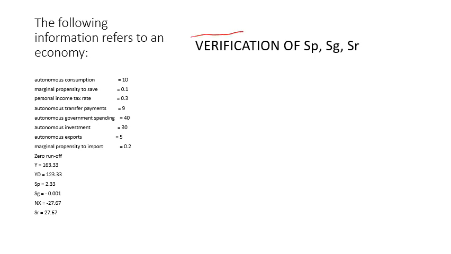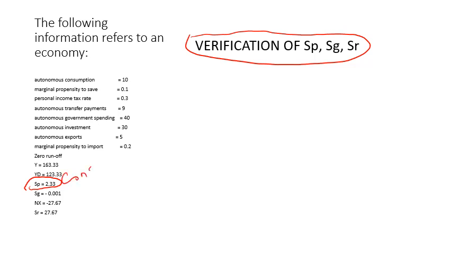Okay, so let's see how we would verify these three calculations. So we have SP, private savings, and this relates to consumers. We have SG, and that relates to the government.